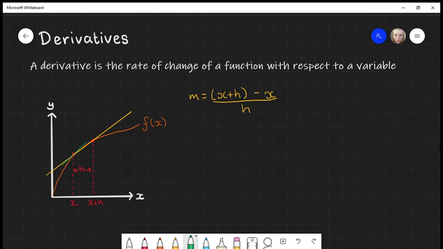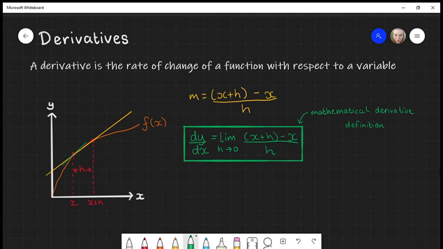Mathematically, we can write this as dy over dx, or the derivative, is the limit as h goes to 0, so as it tends towards 0, it will get closer and closer to the tangent line. This is described as the mathematical definition of a derivative.